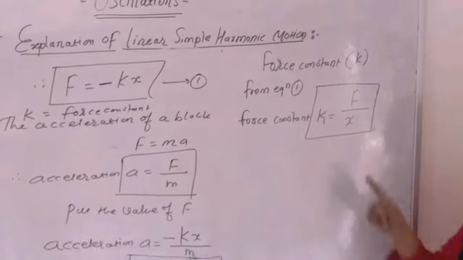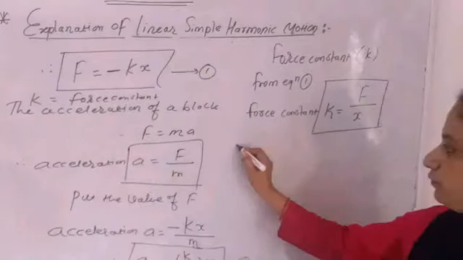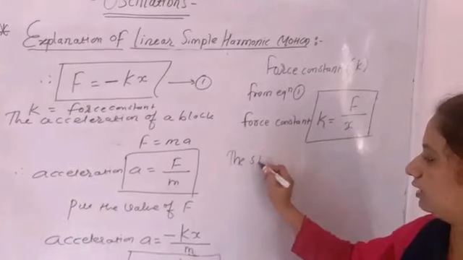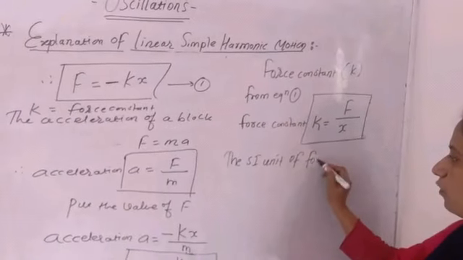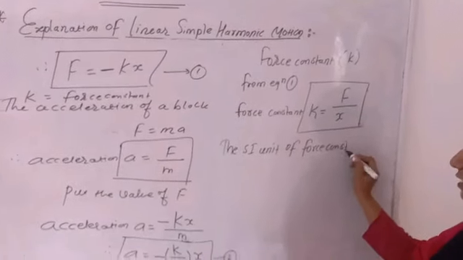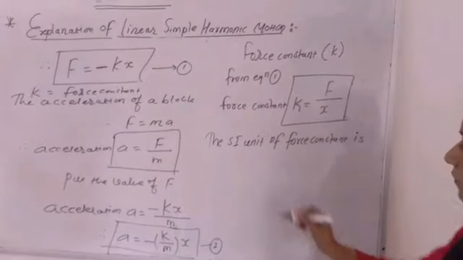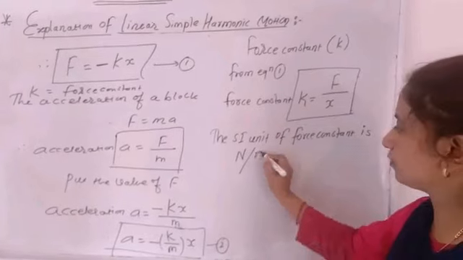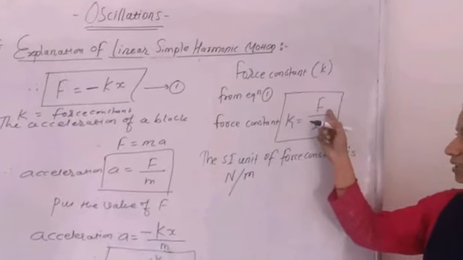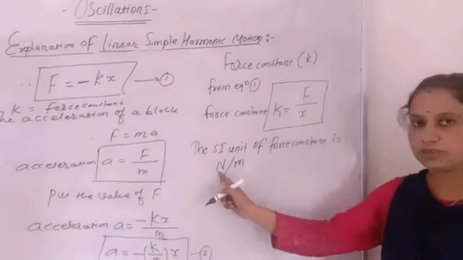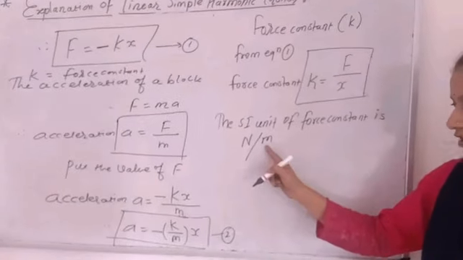Now the SI unit of force constant is Newton per meter. Why is it Newton per meter? Because the force is measured in Newton and the displacement is measured in meter.